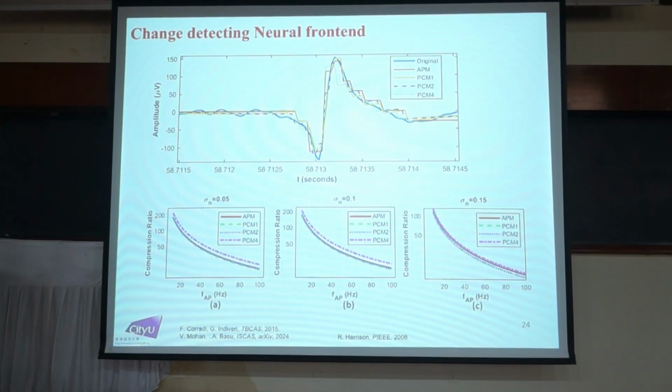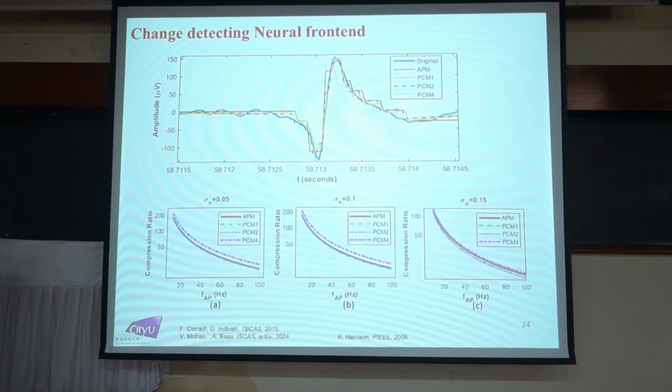Trade-off wise, if you are bunching too much, you lose time resolution, right? So your reconstruction won't be as accurate. You can see here the APM, the red one, follows this spike pretty nicely, but PCM4, which is accumulating in a big 4 times T window, the dashed green line, the spike reconstruction is actually pretty off.